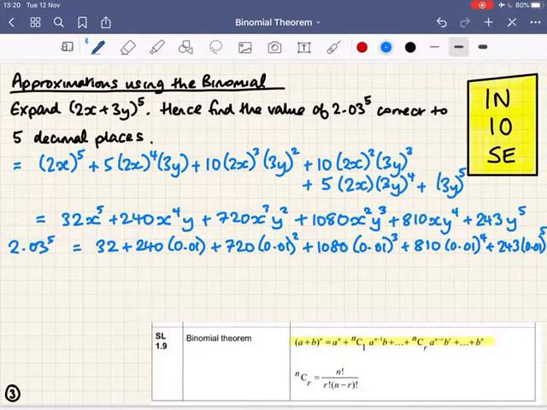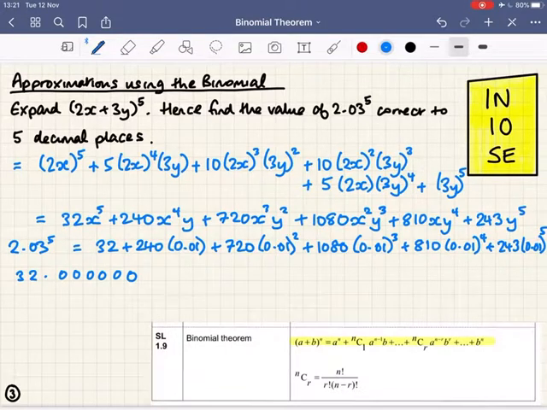So I'm being asked for 5 decimal places, so I'm going to write each of these terms down here. I'll do them on the left-hand side where I've got a bit of space, and I'll give myself 6 decimal places, 1, 2, 3, 4, 5, 6, so that my rounding is correct.